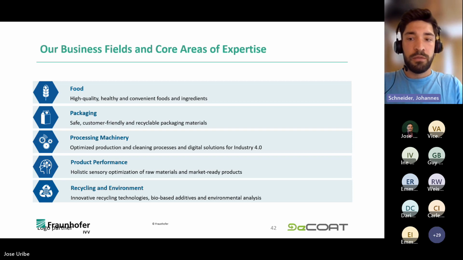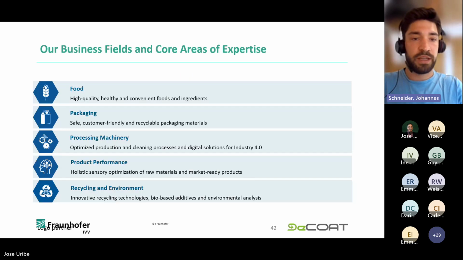For example, safe and with increasing importance, recyclable packaging for food products, then processing machinery for this packaging, and also product performance in terms of sensory perception of food and also the packaging materials. And with the upcoming problems caused by the packaging waste and the increasing amounts of petrol-based polymers, our business field, recycling and environment, was generated, which is conducting research, for example, on recycling technologies.